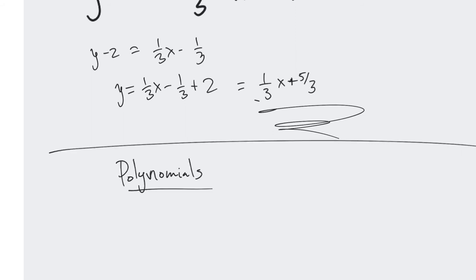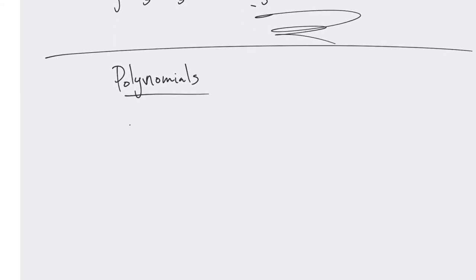Polynomials. Here's an example. Maybe I'll use f of x. f of x equals something like 8x to the 5 plus 7x cubed minus 2x squared plus x minus 7. I'm just making this up, all right? This is a polynomial. It looks like a bunch of powers of x added together with coefficients in front of them.